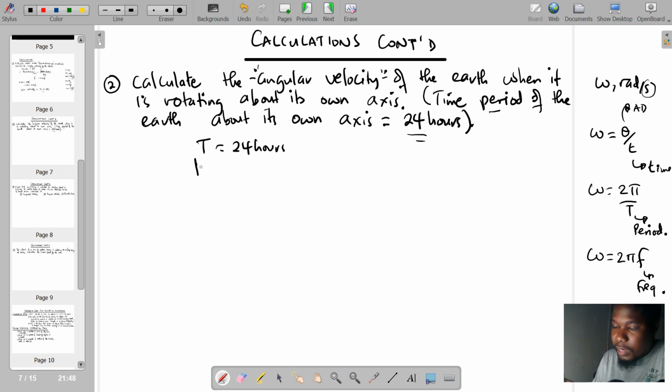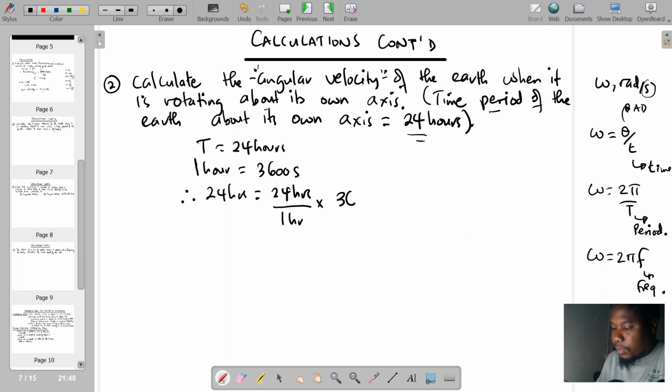We know that 1 hour is equal to 3,600 seconds. Therefore, 24 hours will be equal to 24 hours divided by 1 hour multiplied by 3,600 seconds.